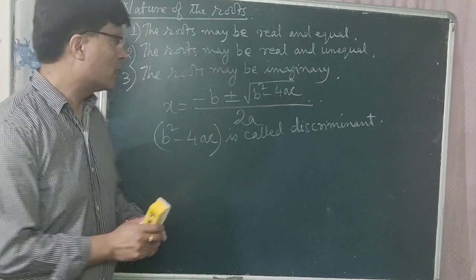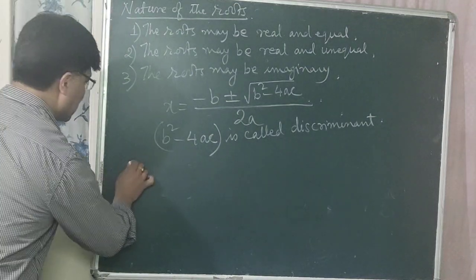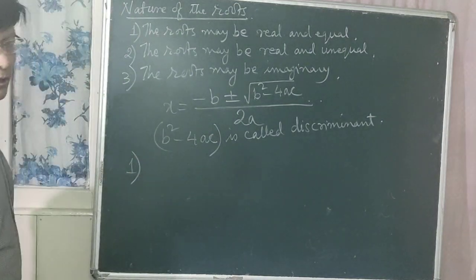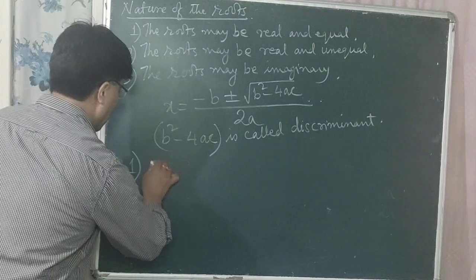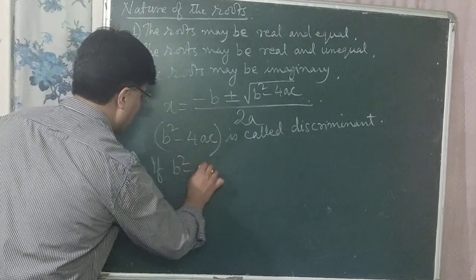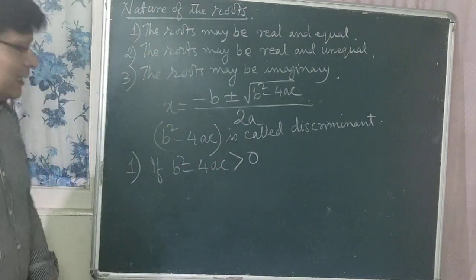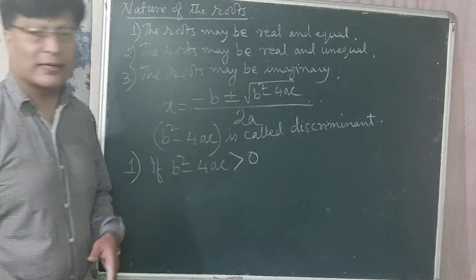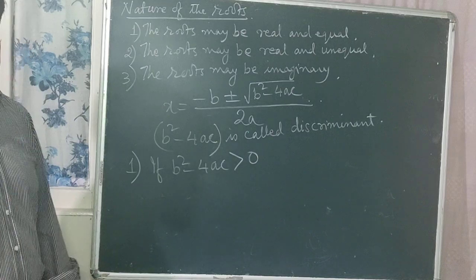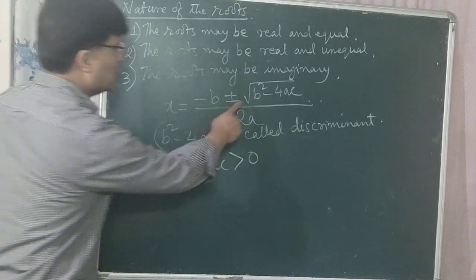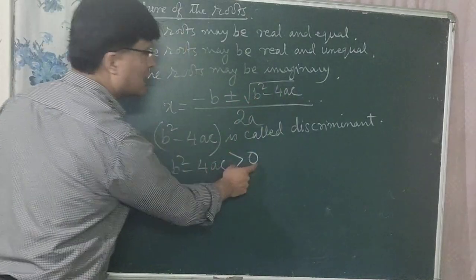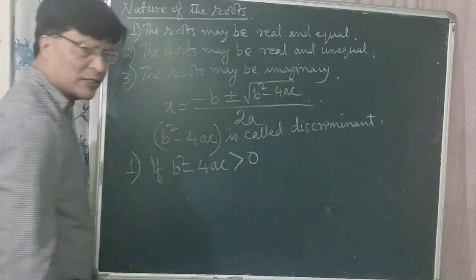Is it clear now? So number 1, let us find out the nature of the roots. Let us say b square minus 4ac is greater than 0. Greater than 0 means that it is always positive.